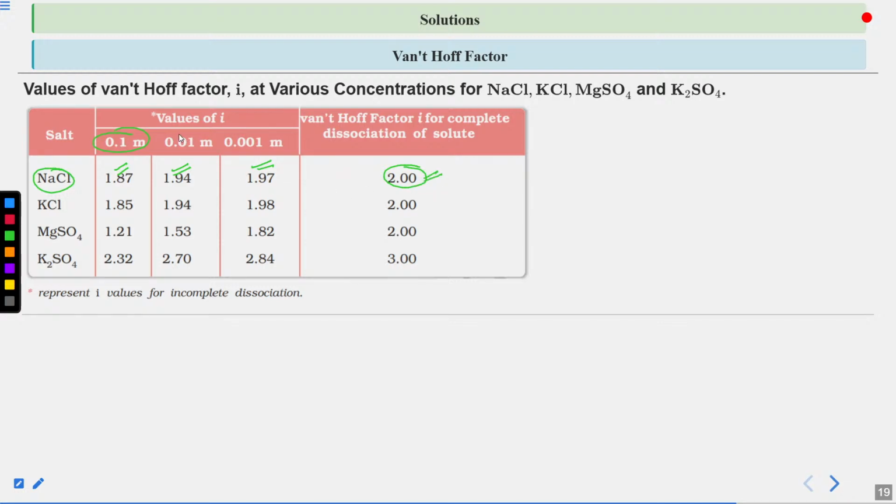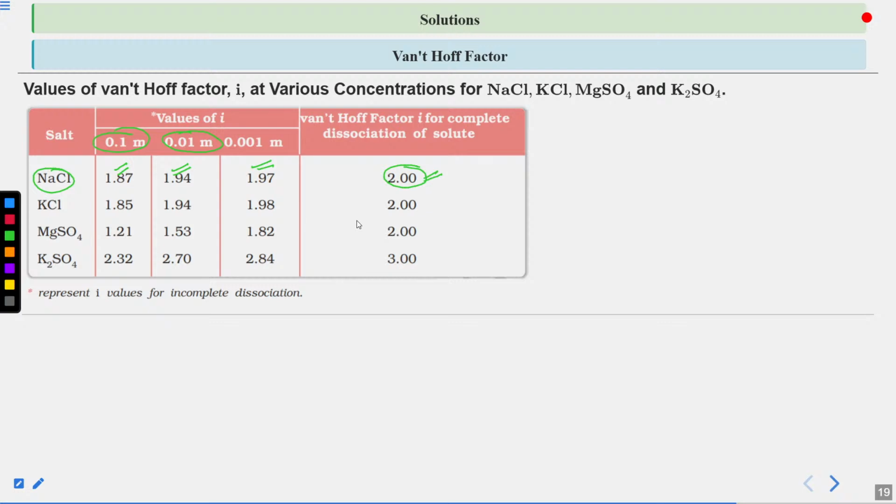As we go on decreasing the concentration, our value becomes close to the ideal value. And why is it happening? It is happening because in case of higher concentration, there is a chance of interionic interaction. Na plus and Cl minus are oppositely charged.